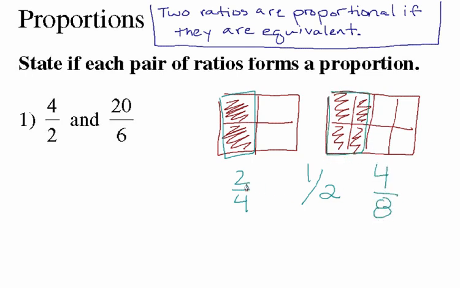Those are all equivalent ratios, which means that those ratios are in proportion to each other. They form a proportion. So today we'll be given two fractions and we'll want to check and see if they are equivalent or not.